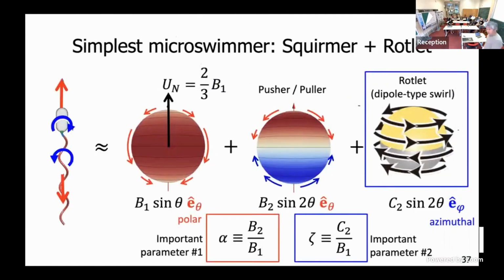Then on top of the two terms, we added another so-called Lotlet term, a small surface motion of the dipole type. The strength of this term is normalized by the strength of this, so zeta is a new important parameter. As zeta becomes large, the twisting motion becomes large.